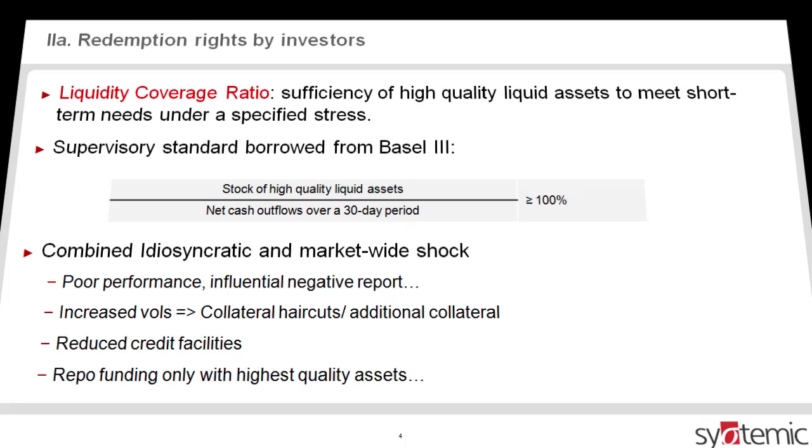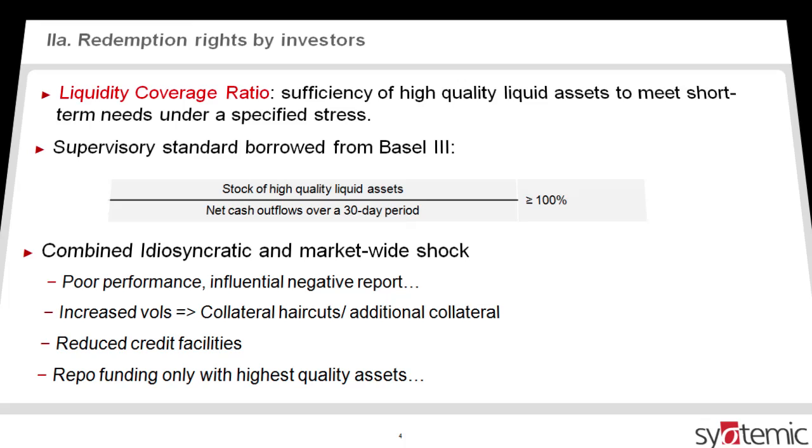You must estimate what kind of outflows you may have due to this, or increased volatilities in the market causing increased collateral haircuts, or maybe increased collateral posting. Maybe you would have to face reduced credit facilities and other factors.